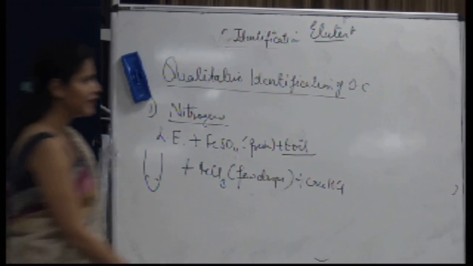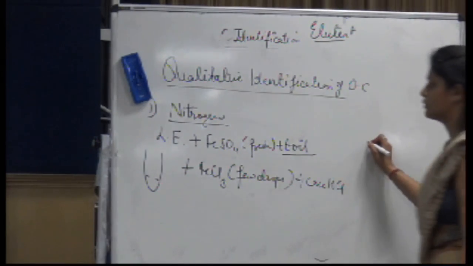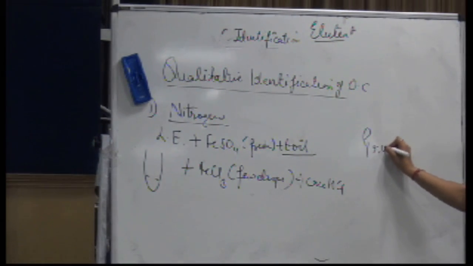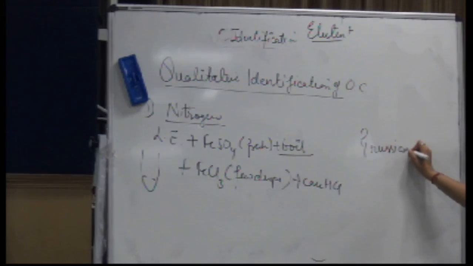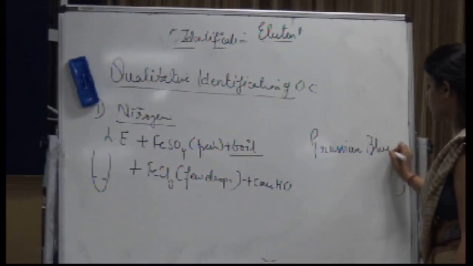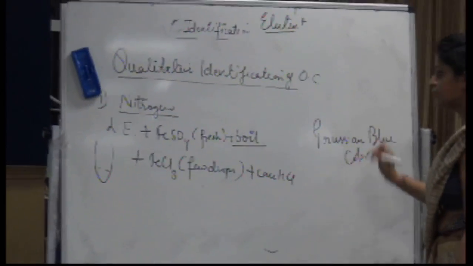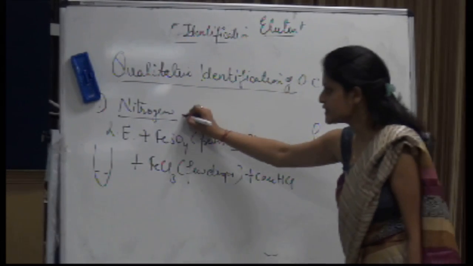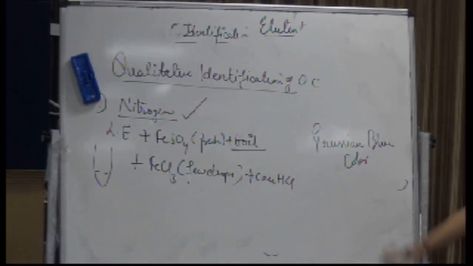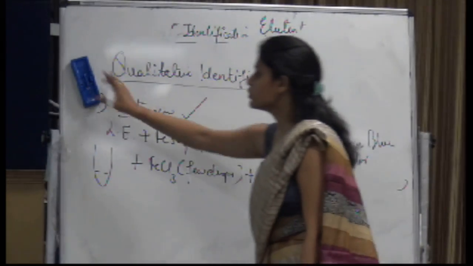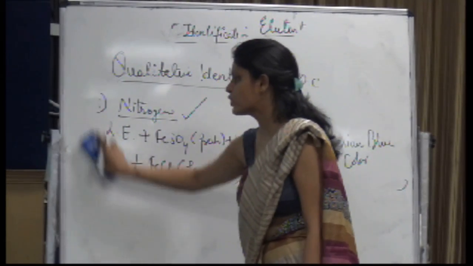If you obtain a Prussian blue color, in that case I would say nitrogen is present. If I do not obtain Prussian blue color, that means nitrogen is absent. Okay. So what could be the possible reactions that would have taken place?